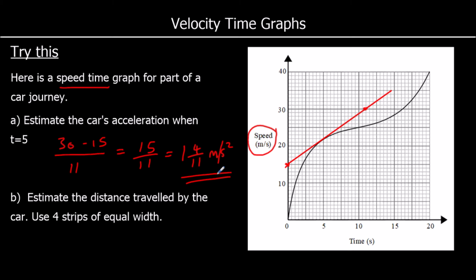Estimate the distance travelled by the car using 4 strips of equal width. So we're going to have a triangle, so a triangle and 3 trapeziums.